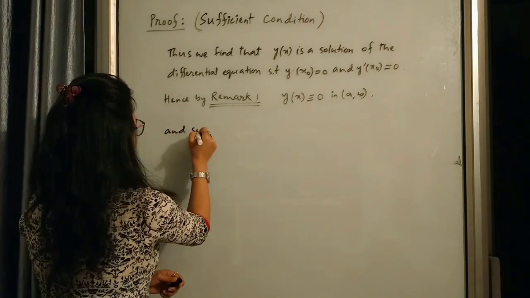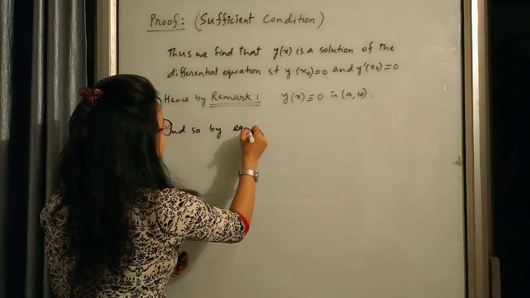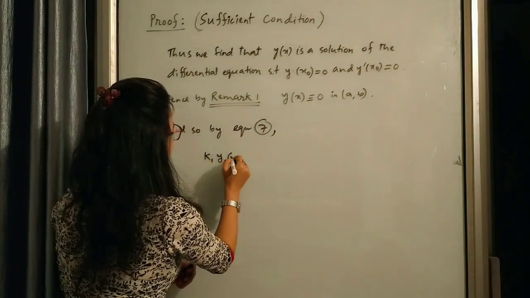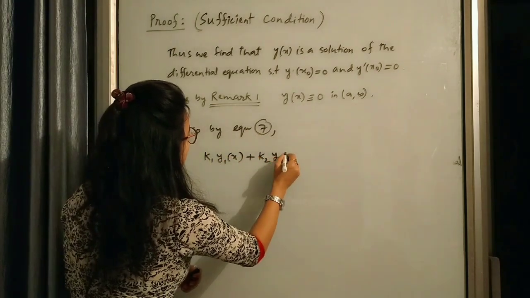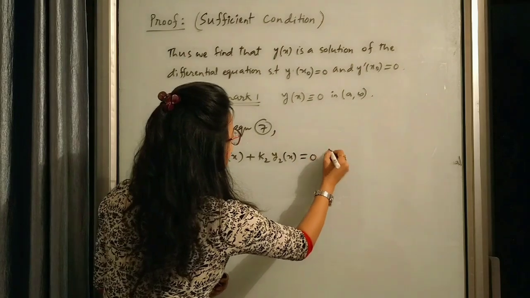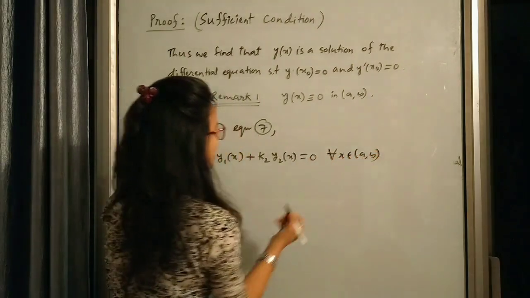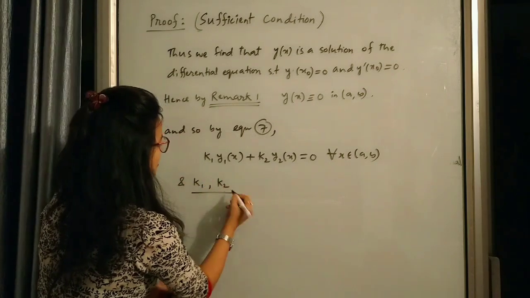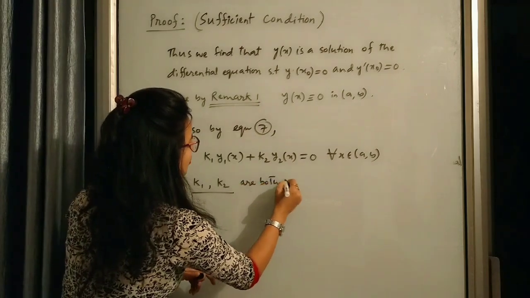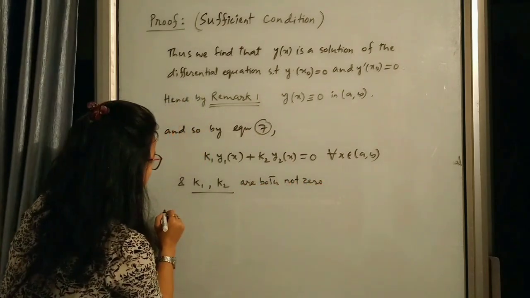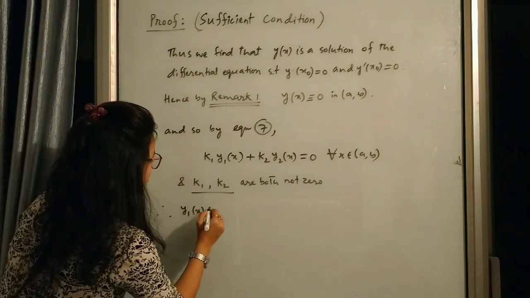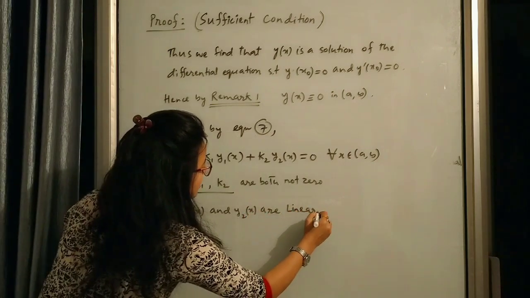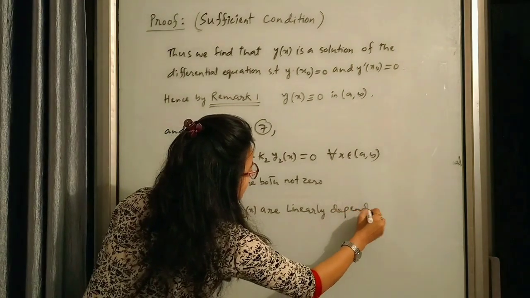And so, by equation 7, k1 y1(x) plus k2 y2(x) is equal to 0 for all x belonging to AB, and as here k1 and k2 are both not 0, therefore the solutions y1(x) and y2(x) are linearly dependent.